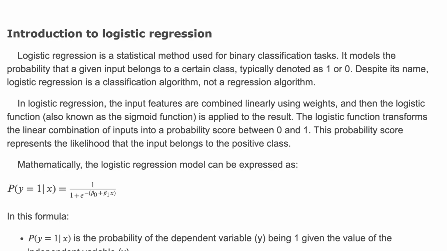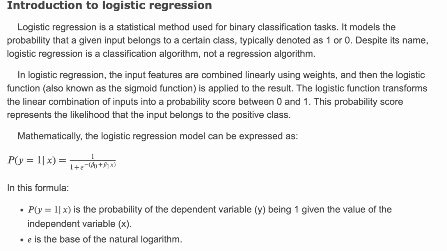In logistic regression, the input features are combined linearly using weights, and then the logistic function, also known as the sigmoid function, is applied to the result. The logistic function transforms the linear combination of inputs into a probability score between 0 and 1. This probability score represents the likelihood that the input belongs to the positive class.